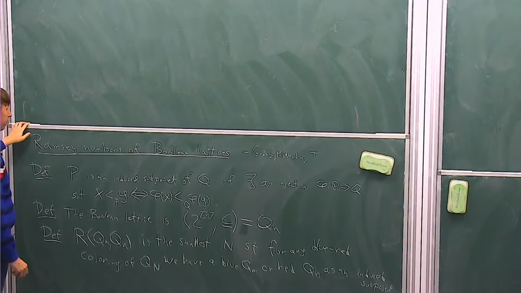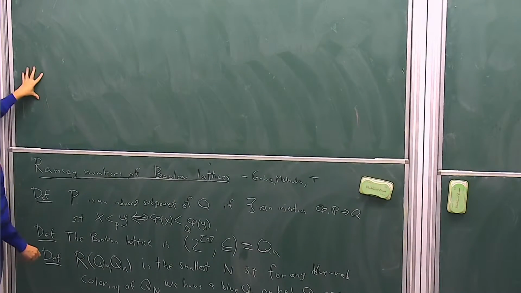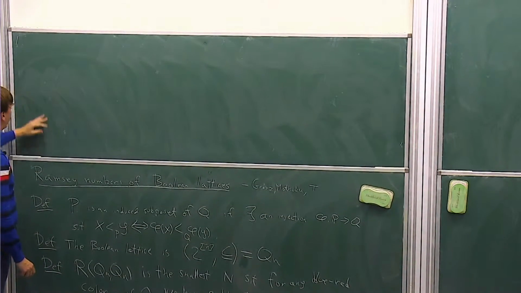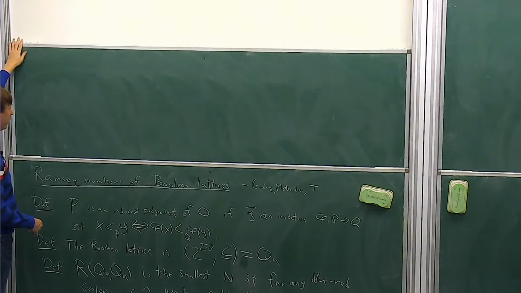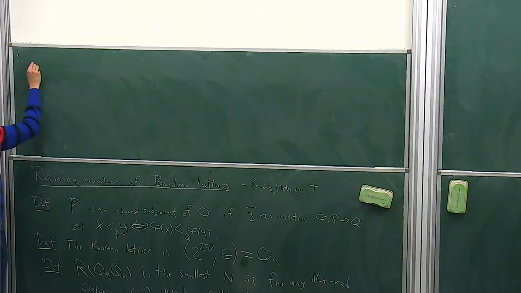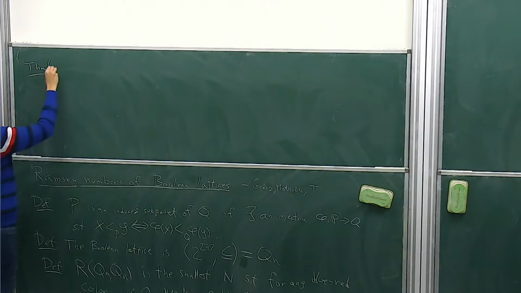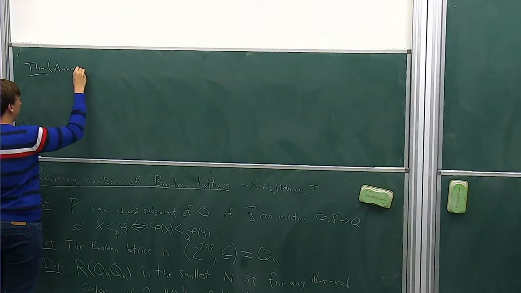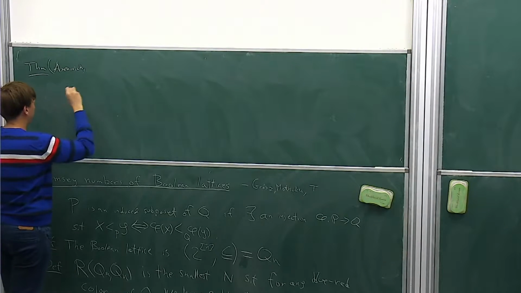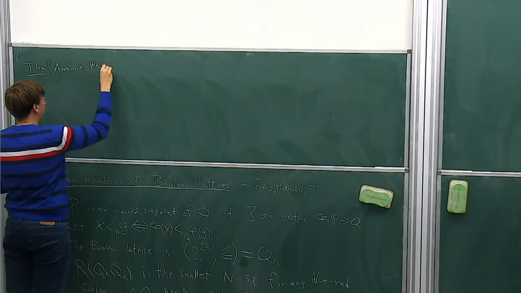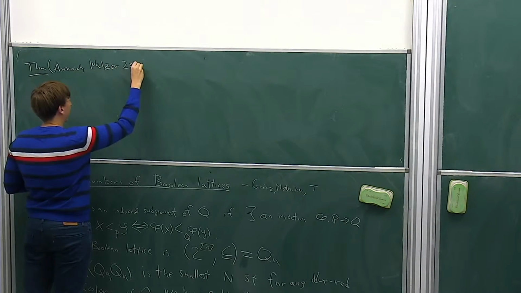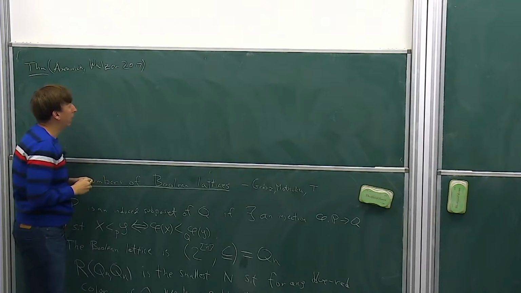So let me start by saying what's known in the general diagonal case. Axenovich and Walzer, Stefan Walzer, so what did they show?